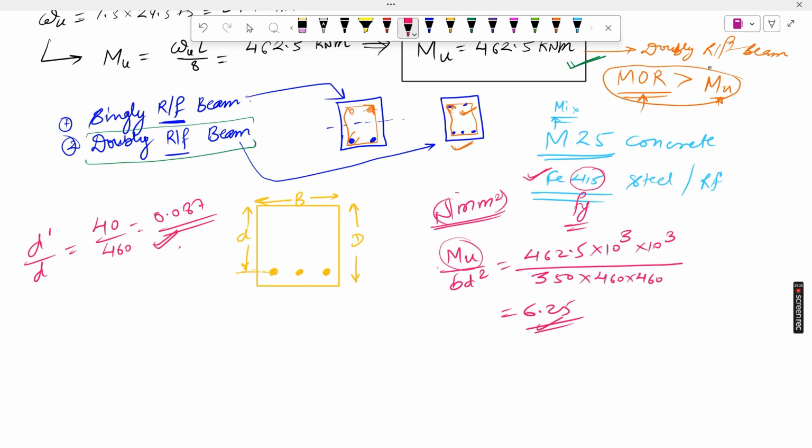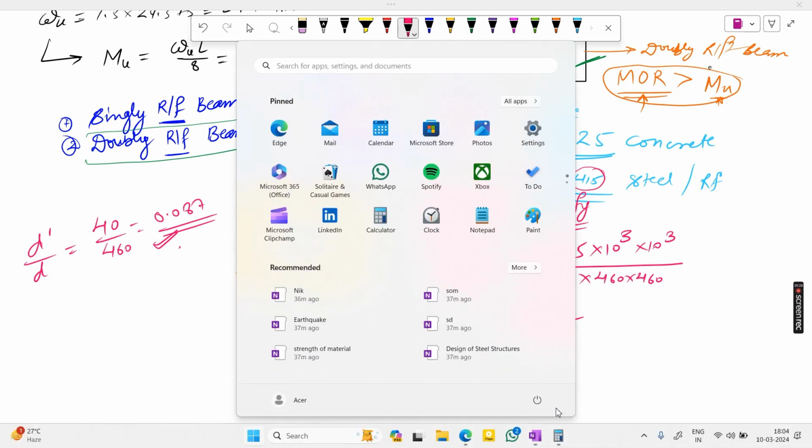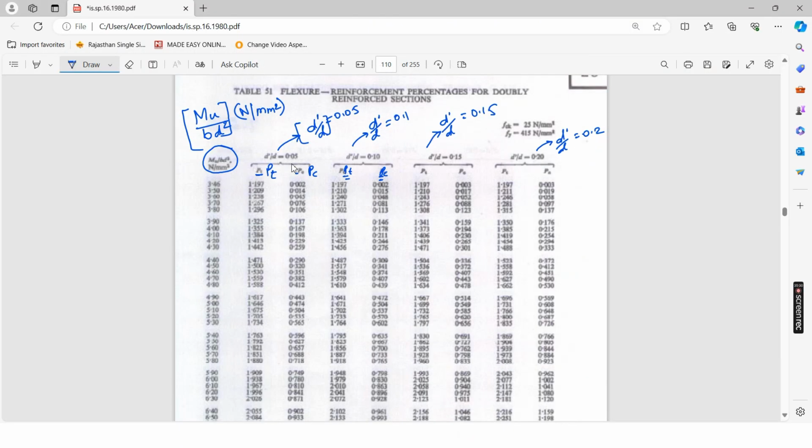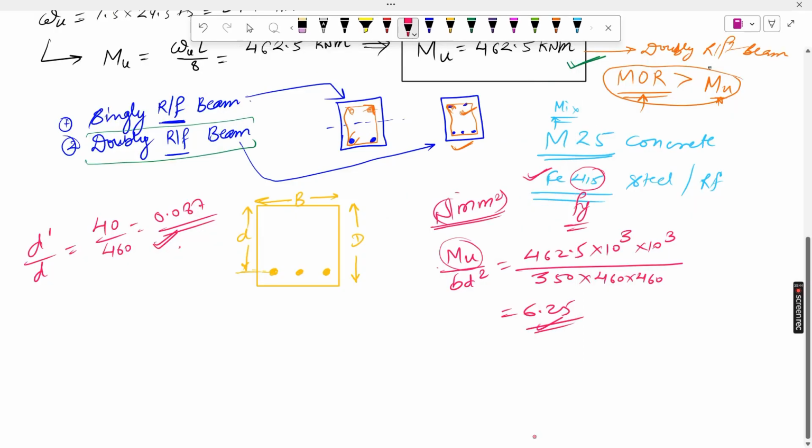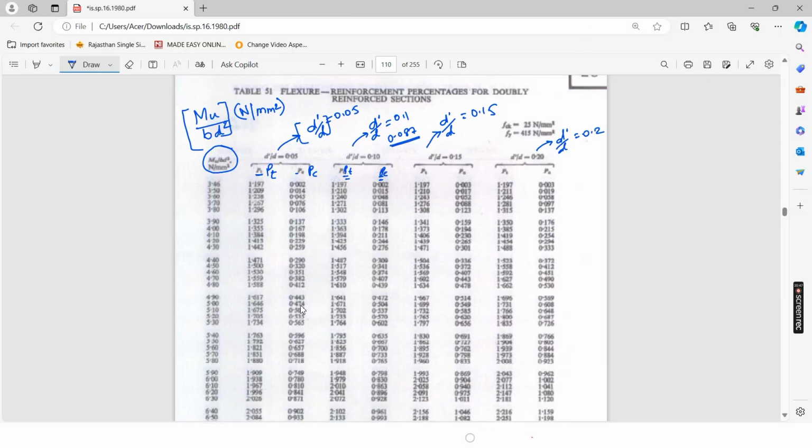So now you have both the things. Just go to the chart. d dash by d is 0.087, and Mu by bd square is 6.25. So just check the chart.